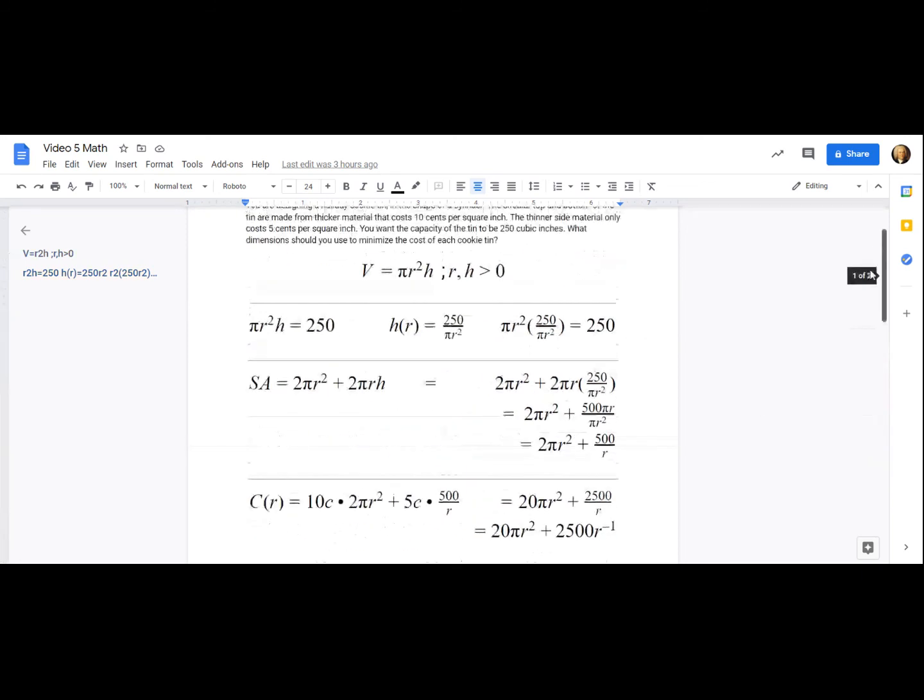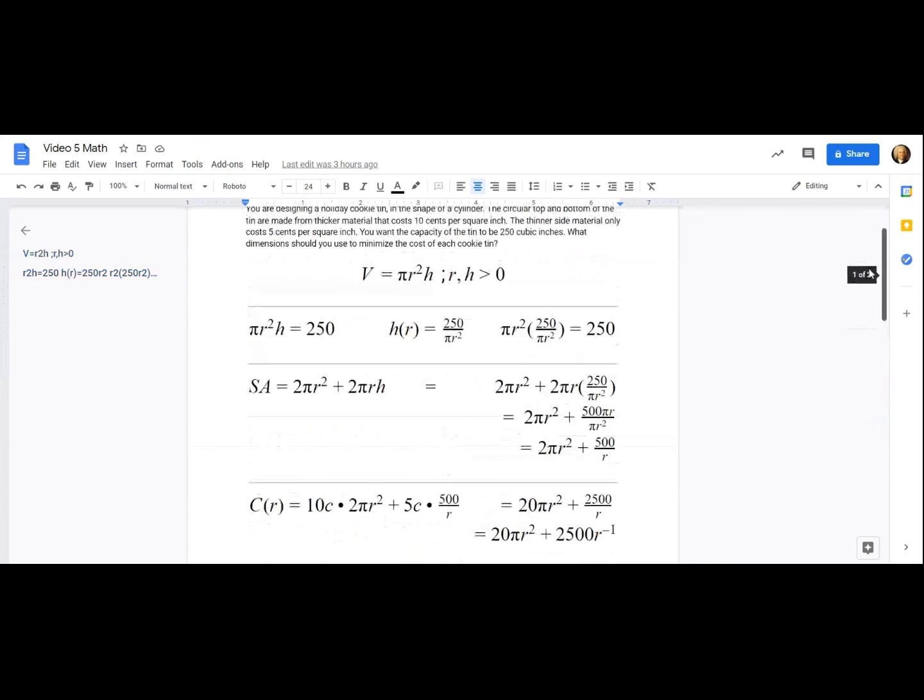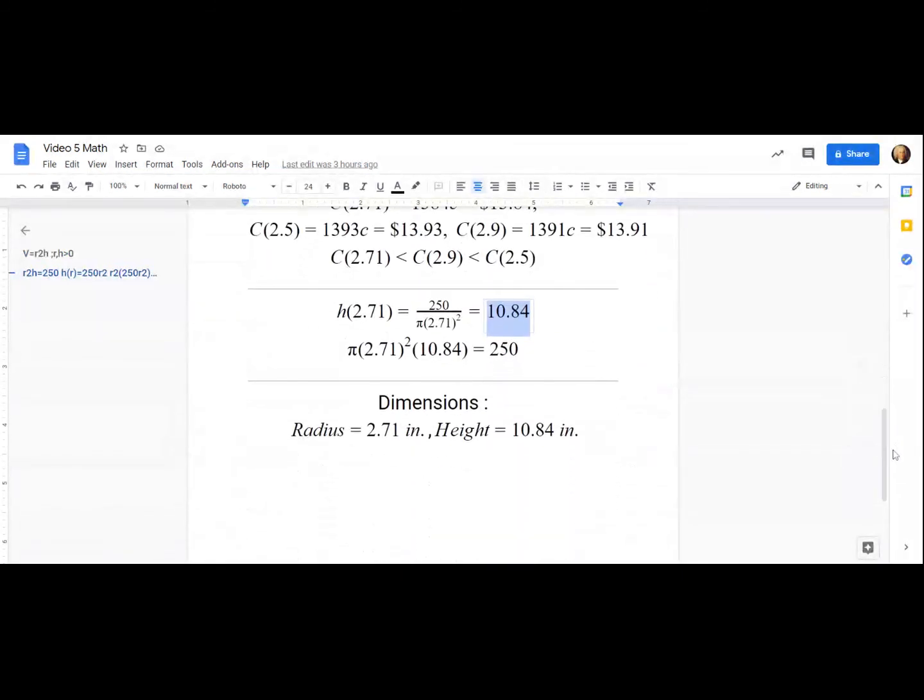Now, to conclude, we have to figure out whether or not we can plug those back into the volume function and get 250. So pi times 2.71 squared multiplied by 10.84 does approximate to 250.